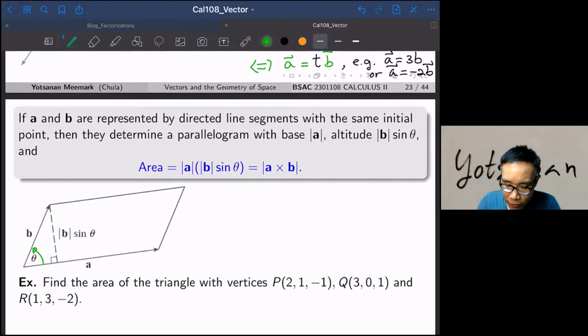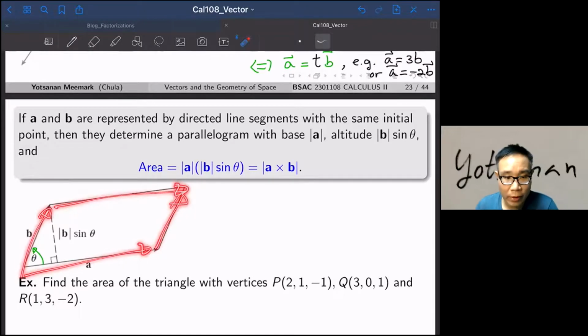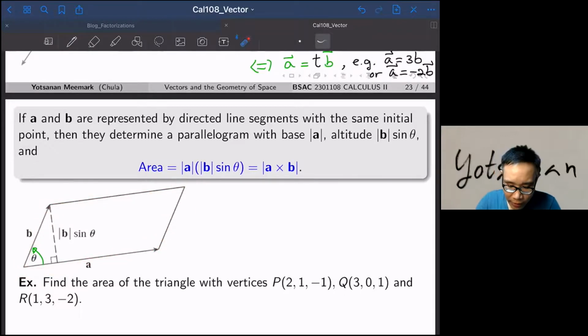So if you draw a parallelogram that has A and B as sides, the height turns out to be equal to norm B sine theta. So this one gives you the height.